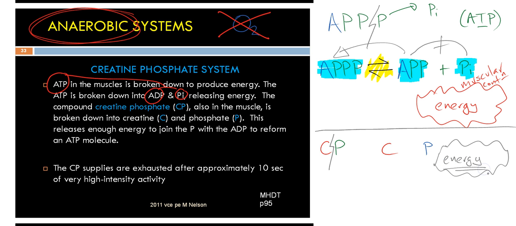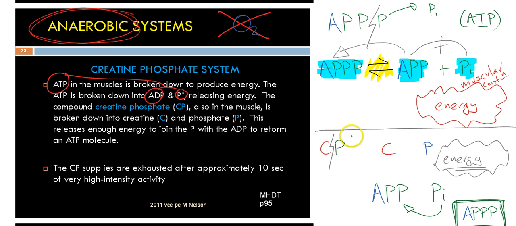Now the energy here is used to rejoin adenosine diphosphate and the inorganic phosphate, so being left with adenosine triphosphate. So that's our end result.